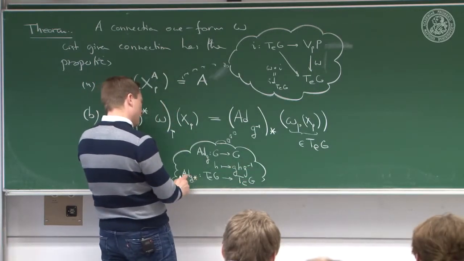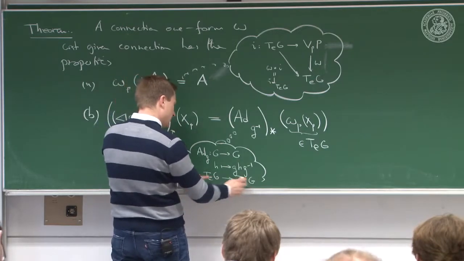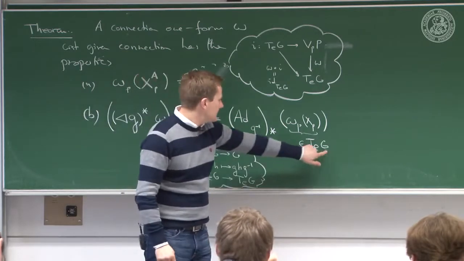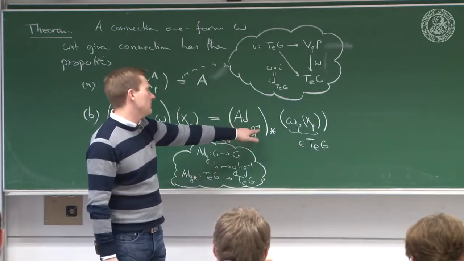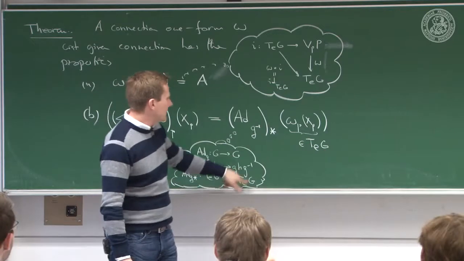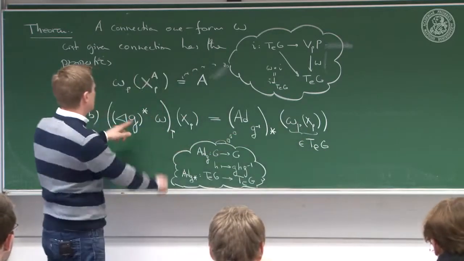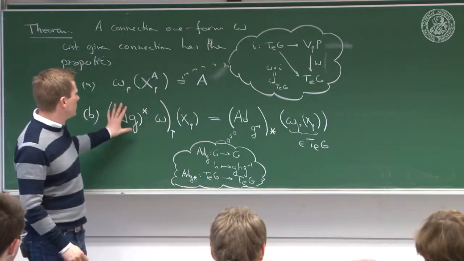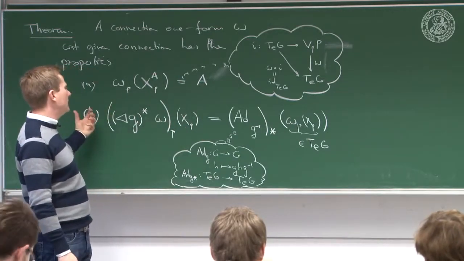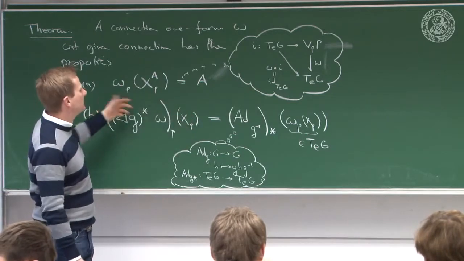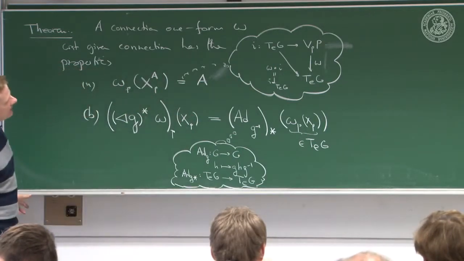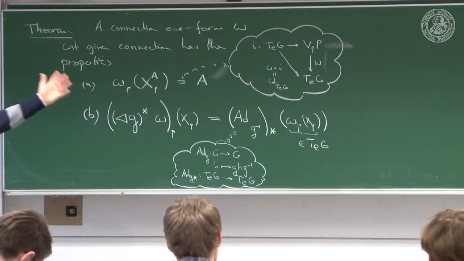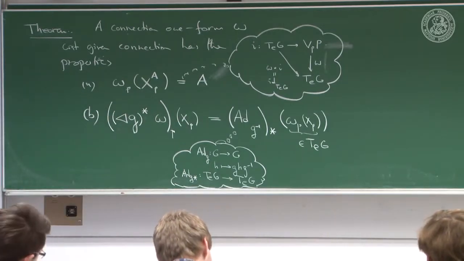That meant the push forward of the adjoint really takes you from here to here. And indeed, this is an element in here, and the adjoint of g, in this case g inverse, takes you back to a Lie algebra element, which is exactly what this is supposed to do, because you pull back the form, then you again have a one form, you act on a vector, and the result must again lie in the Lie algebra. So this makes sense that it looks like this. Why exactly it looks like this, we'll see in a second.